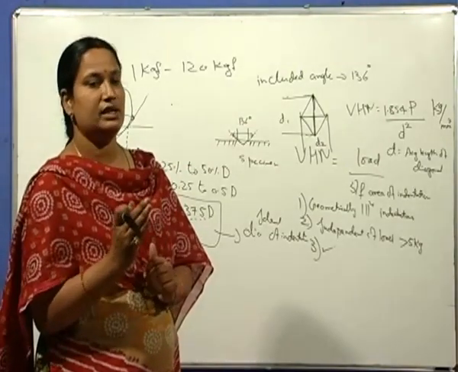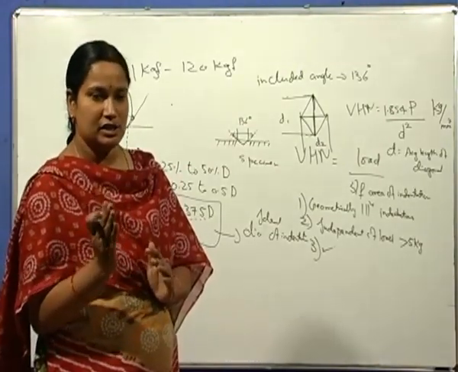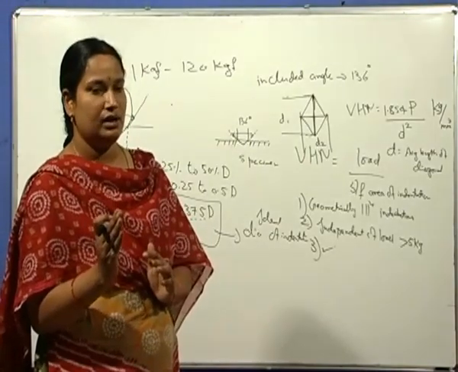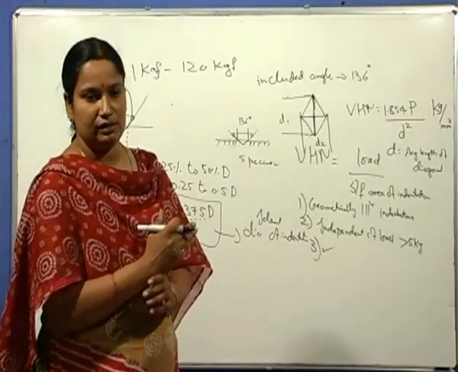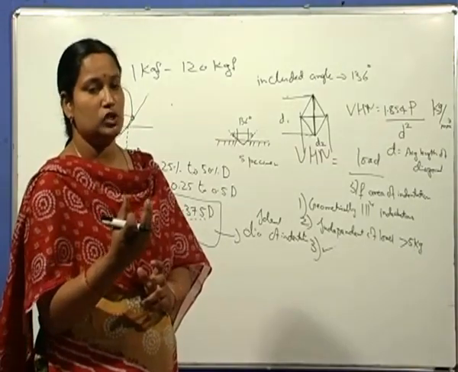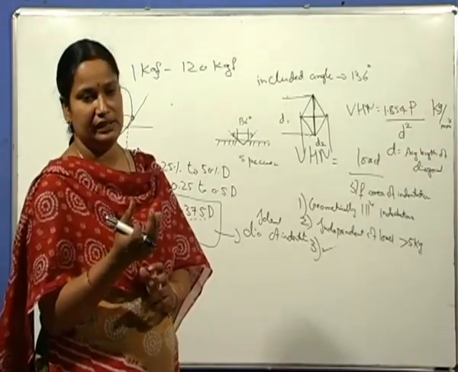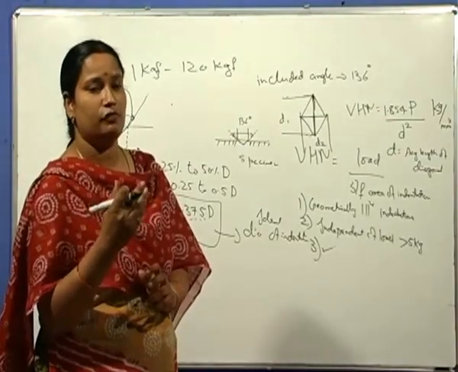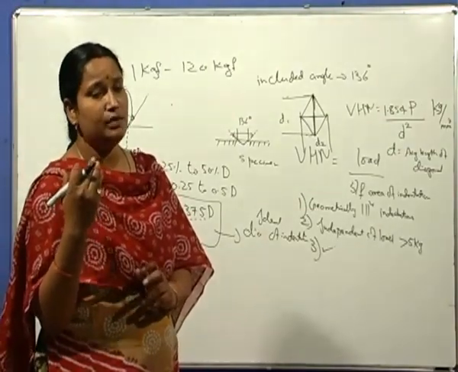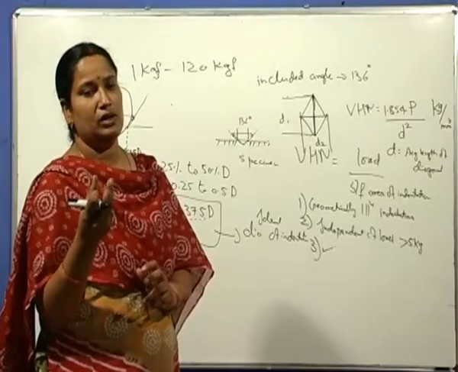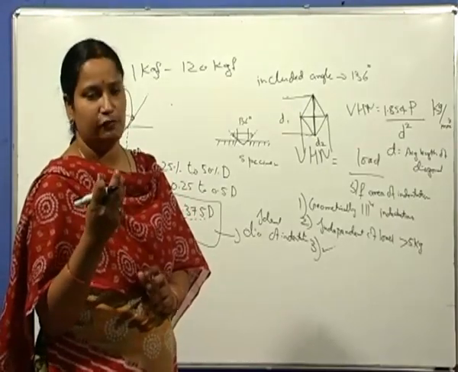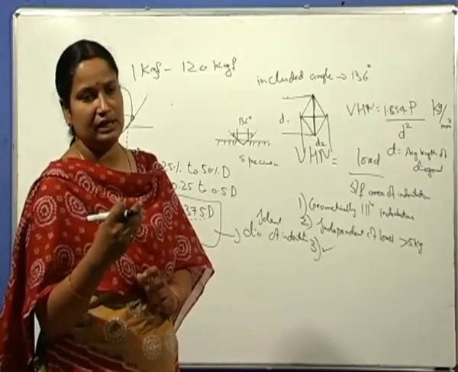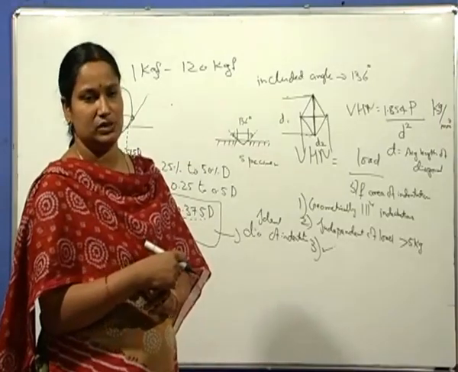The reason for the decrease in hardness values for Brinell at hardness values greater than 350 is the use of a hardened steel ball indenter for such high hardness values, that is, for testing on very hard materials. The steel ball gets distorted and flattened, which results in incorrect hardness values.